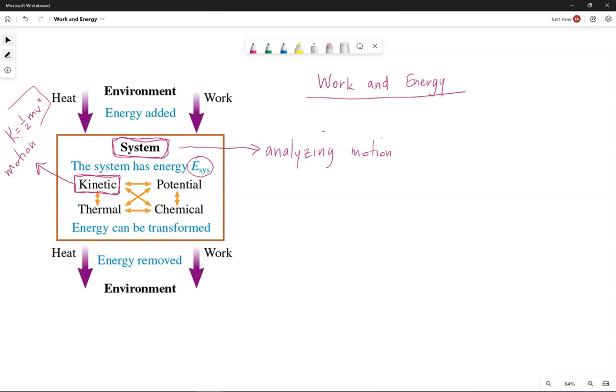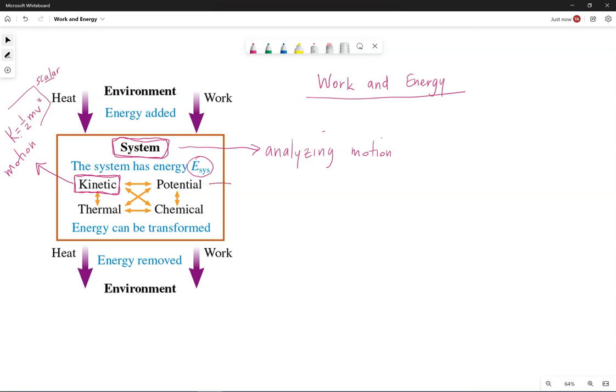Kinetic energy is a scalar, not a vector, meaning the object has kinetic energy or it doesn't. So it's either moving or it is not. Kinetic energy is positive because v is squared. The direction actually doesn't matter. So if an object is moving, it has kinetic energy, and we will use 1/2 mv squared to represent that.